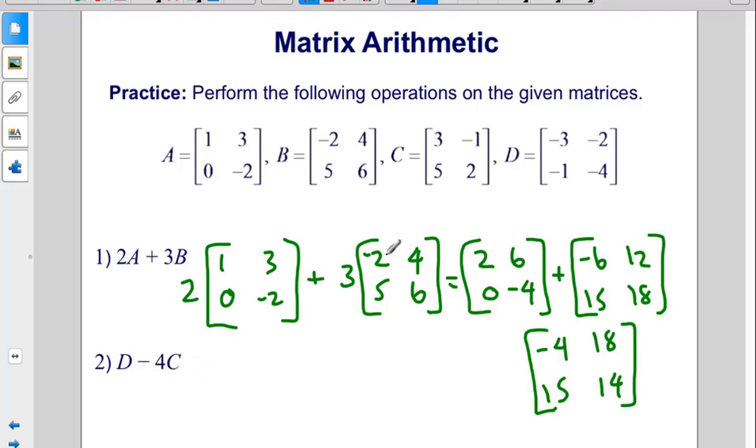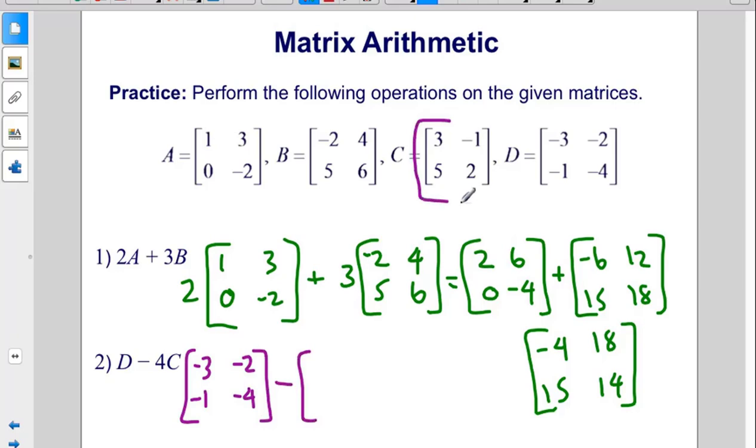All right, next we have D minus 4C. So D is that matrix there, negative 3, negative 2, negative 1, and negative 4, minus 4 times C. So I'm just going to multiply this by 4 right away. So 4 times 3 is 12, 4 times 5 is 20, 4 times negative 1 is negative 4, 4 times 2 is 8.